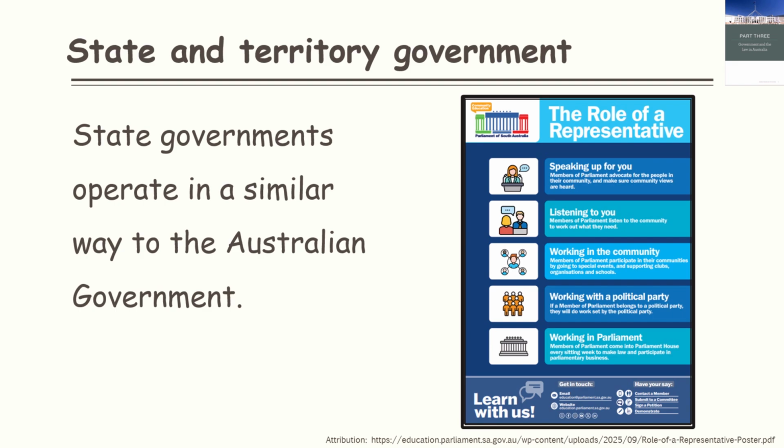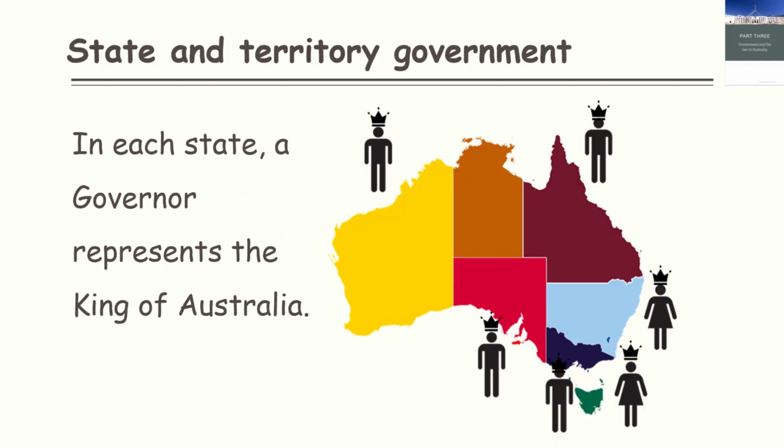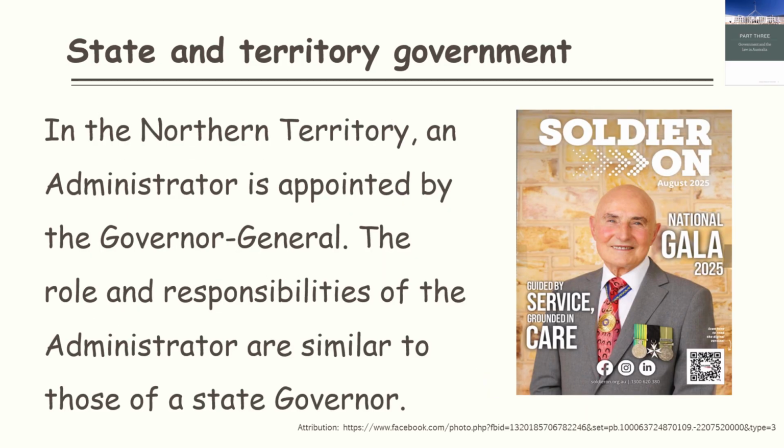State governments operate in a similar way to the Australian government. In each state, a governor represents the King of Australia. In the Northern Territory, an administrator is appointed by the Governor-General. The role and responsibilities of the administrator are similar to those of a state governor.